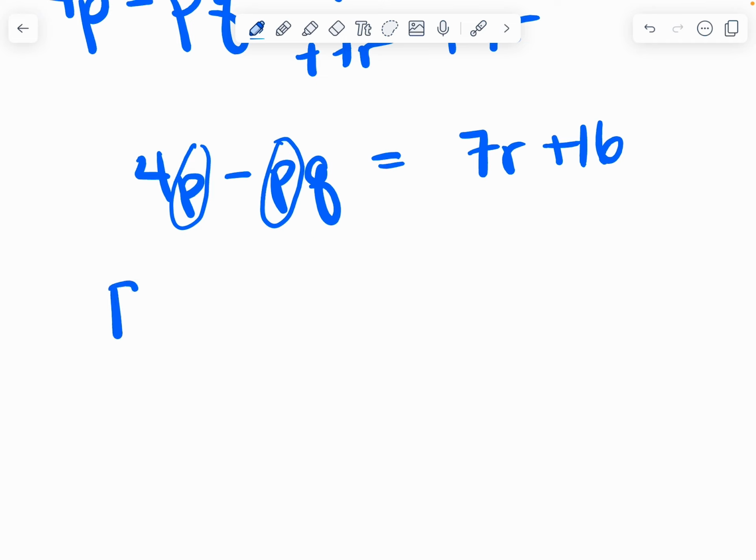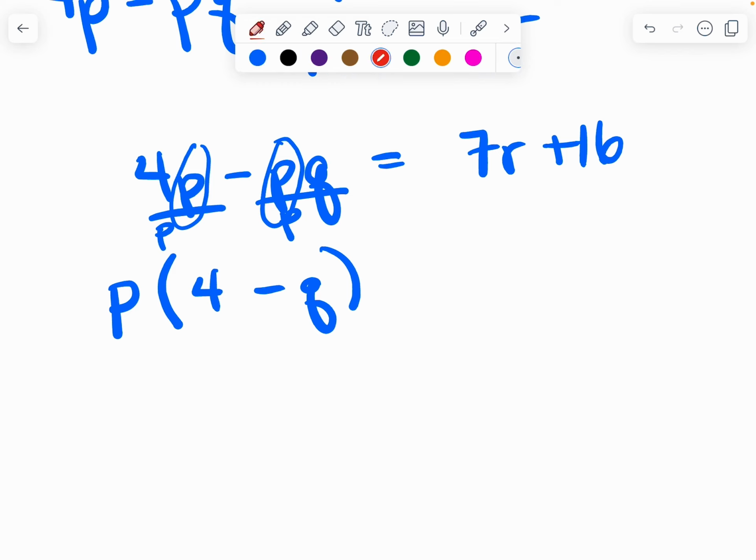So if I was to write p on the outside, instead of multiplying by what's on the outside of the parentheses, I'm going to divide it out. So I'm going to divide this one by p, and I would get 4. I'm going to divide this one by p, and I'm going to get minus q. So if I was to multiply that back through, I would get 4p minus pq. So all I did was do the opposite of the distributive property.